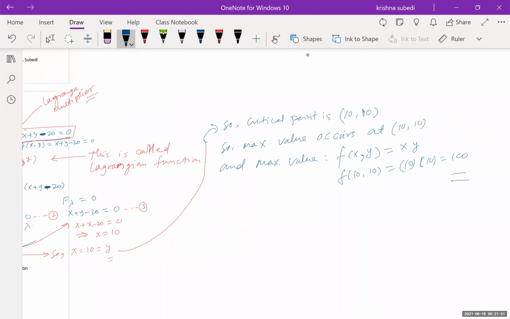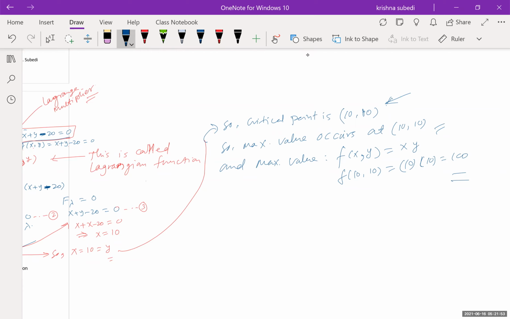Now, remember, we have not done any second derivative test. We know that the critical point is the candidate for maxima and minima. But in this case, what we did is we say that this is the maximum. And that's what we're going to do.